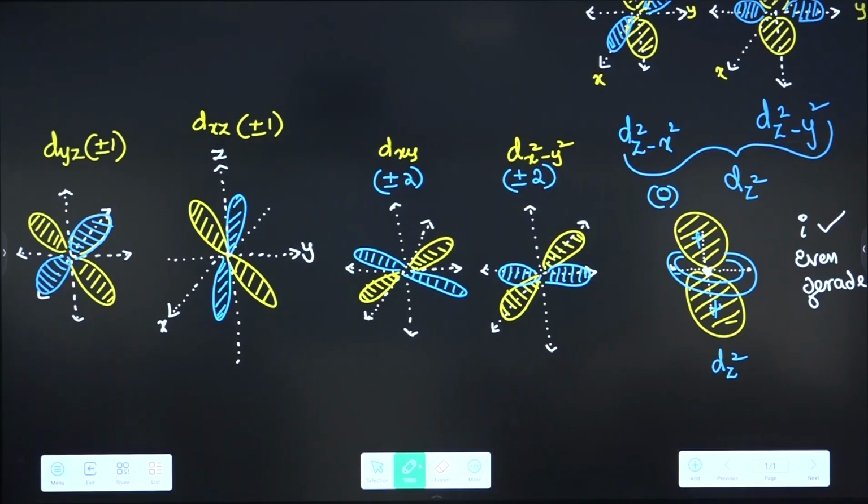First you complete it. In xz, two lobes are projecting towards you, two lobes are away from you. Those who have completed, note the question.